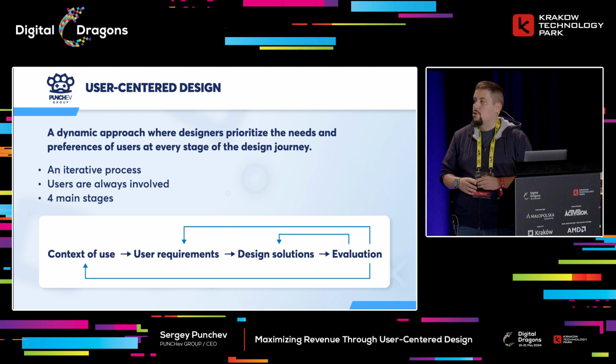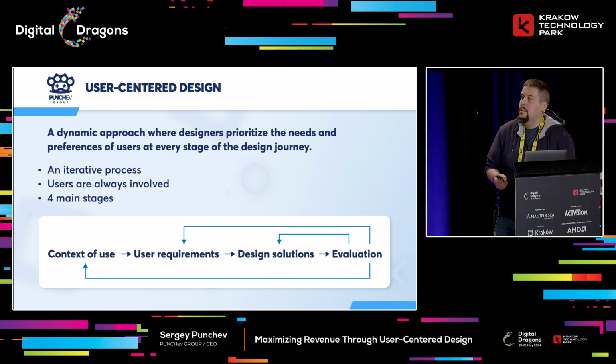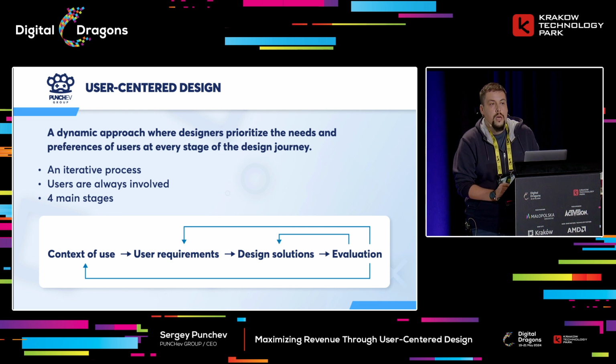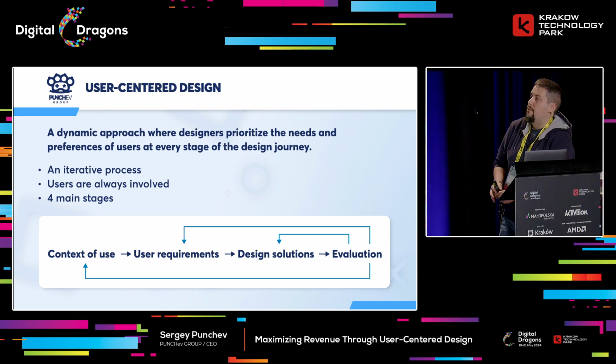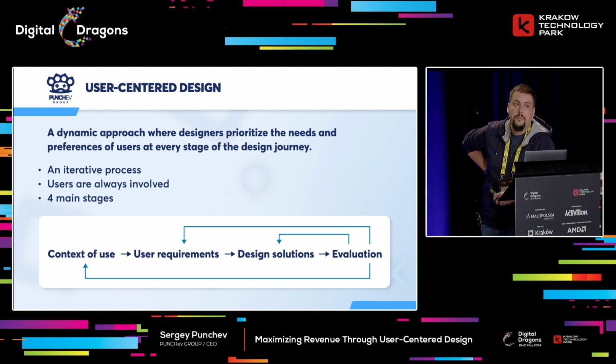Basically what we usually start with when we analyze that is the context of use. Context of use means that the first thing we look at is the environment. So what is the environment that the game is played in? I will give you an example with Pokemon Go, right? Everyone knows the game.